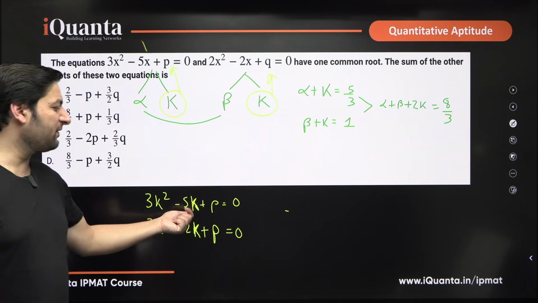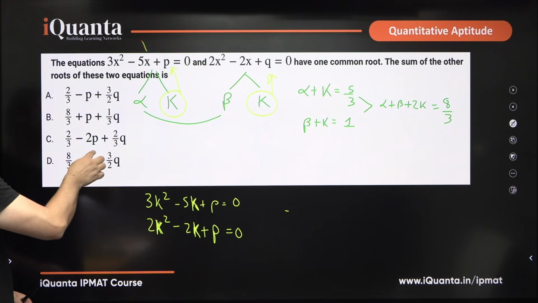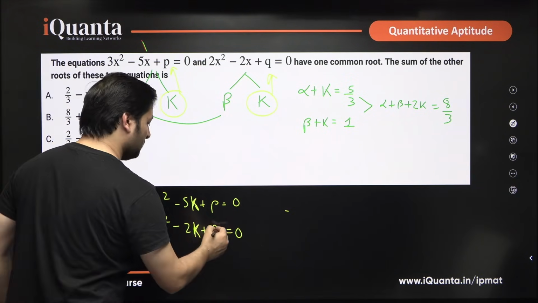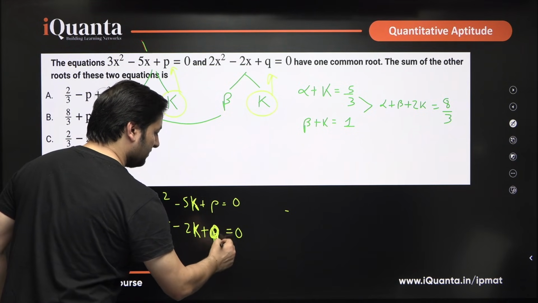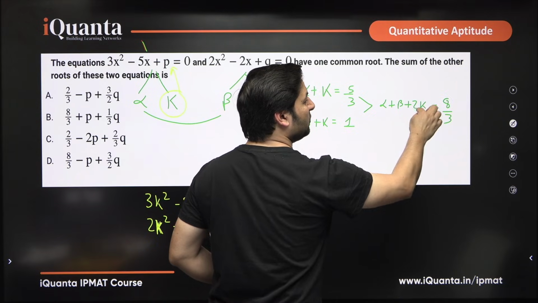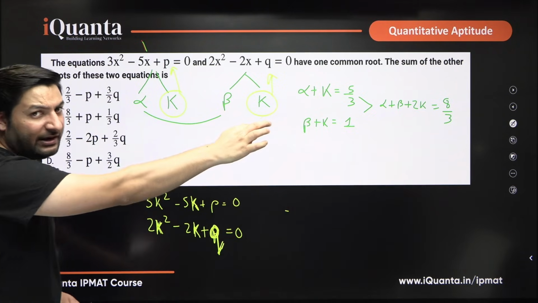I need the value of k. My answer is in terms of p and q, so if I find the value of k in terms of p and q, I can put it here and proceed.